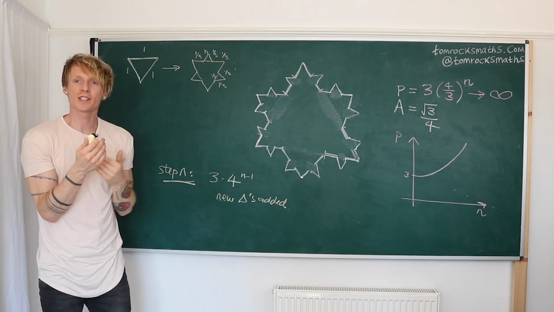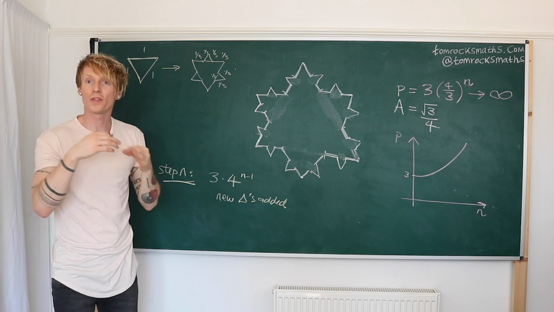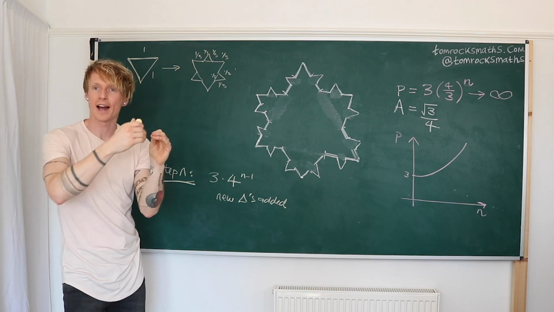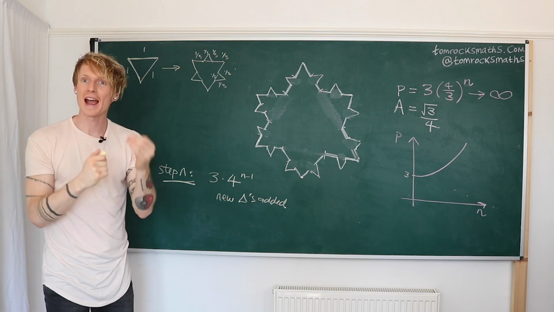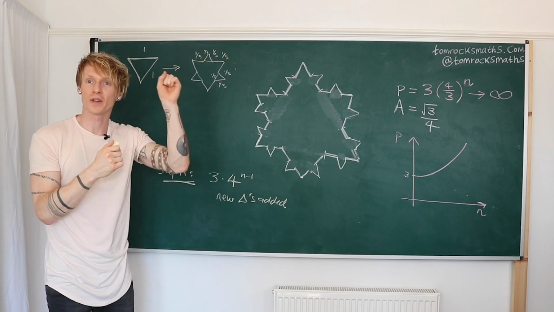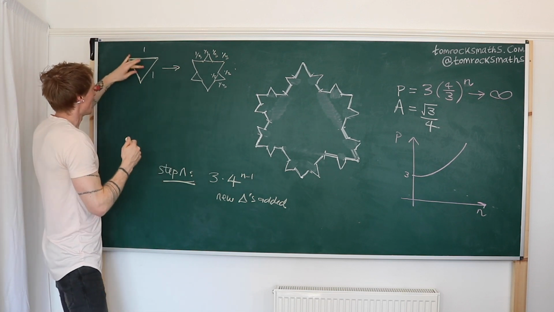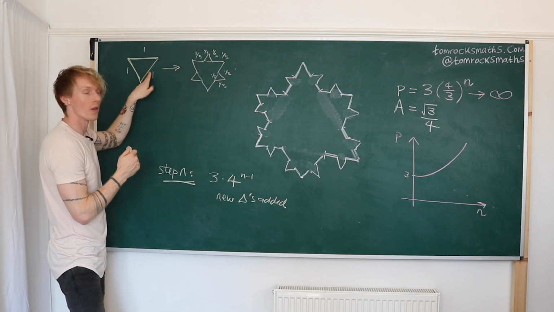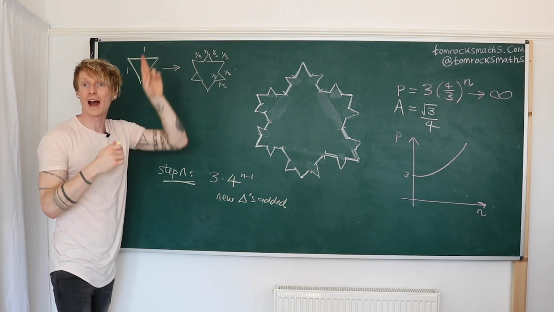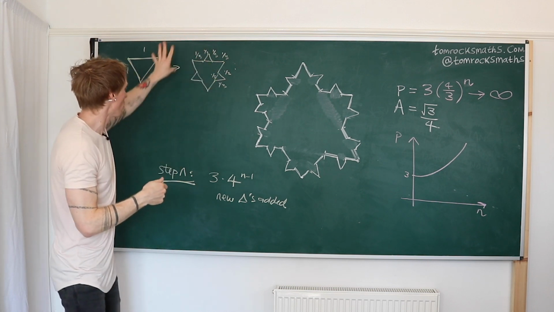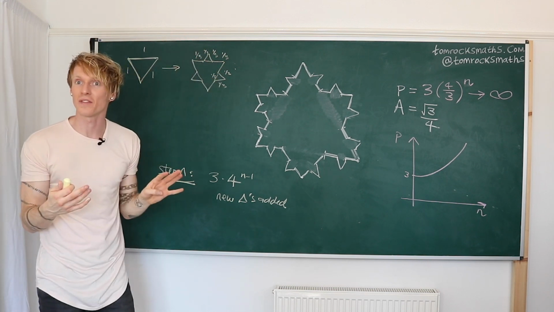So if you reduce each length by 1/3, then your area is equal to a length times a length. So your area is reduced by a factor of 1/3 times 1/3. So again, the length has been reduced to be 1/3 of the original shape, so your area reduces by 1/3 squared, because all of the lengths are reduced by this scaling factor.